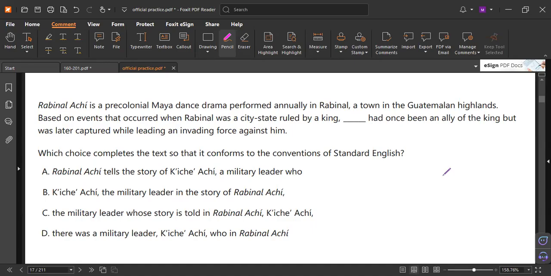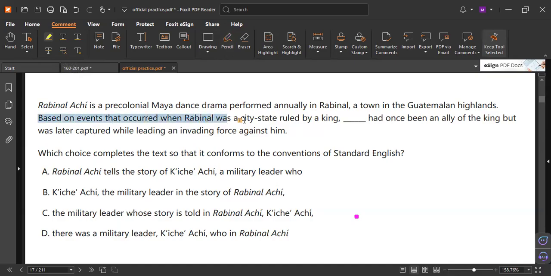Is it C? Oh, letter C. Letter C, wrong. As I told you, it's a modifier. He said based on.